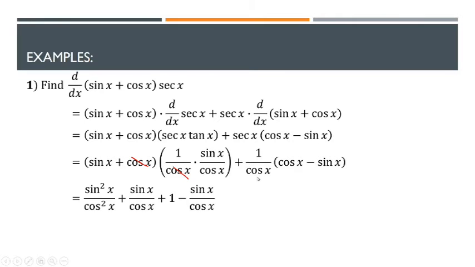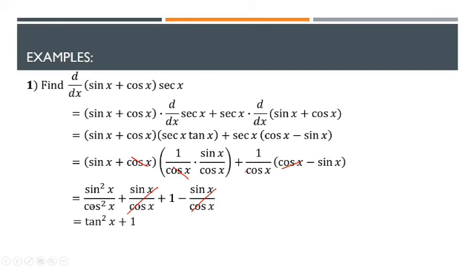Plus 1 over cosine times cosine x, so they cancel out. And minus sine x over cosine x. So 1 minus sine x over cosine x na lang. So we have plus sine x over cosine x minus sine x over cosine x. So we can cancel this out. So what will remain is sine squared x over cosine squared x, which is actually equal to tangent squared x.